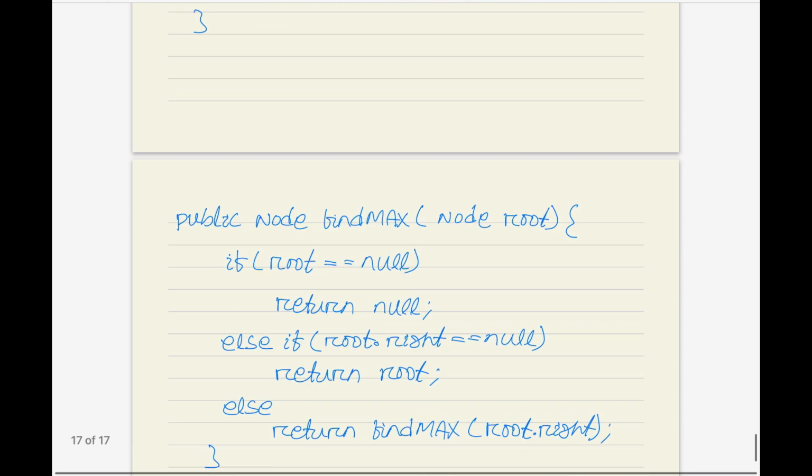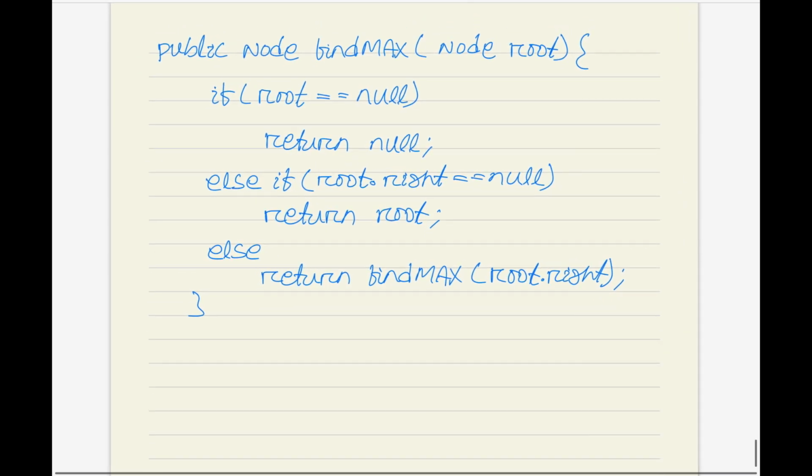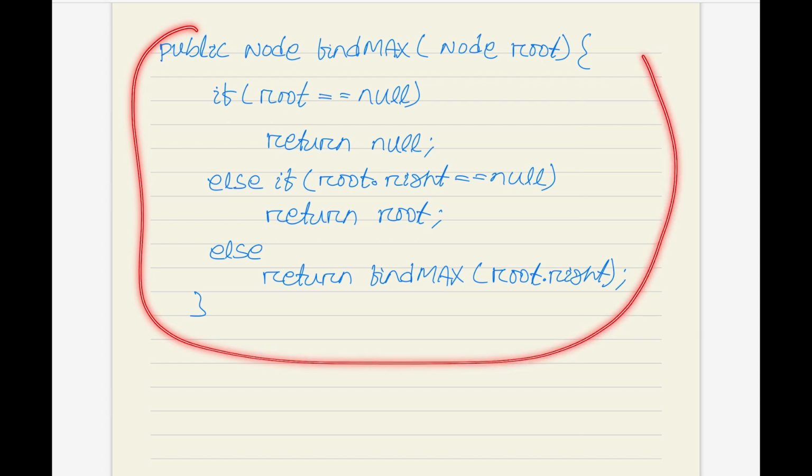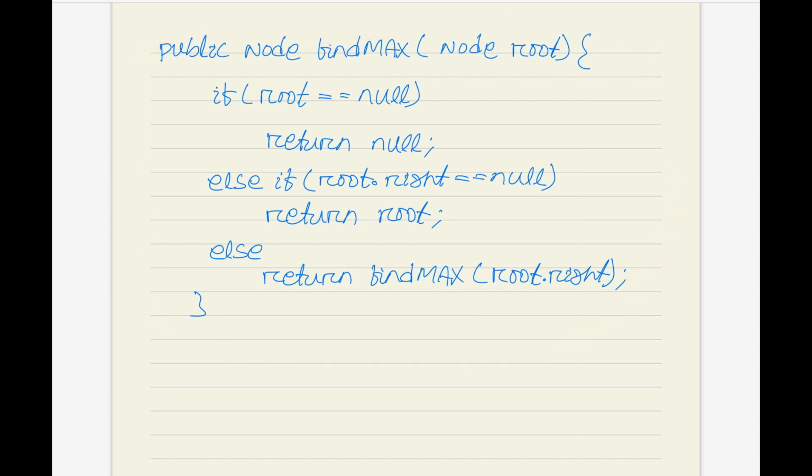This is find min, this is find max. So if root dot right is null, that means no right child exists, then that node is the maximum node. Otherwise, call the find max method on the right subtree.